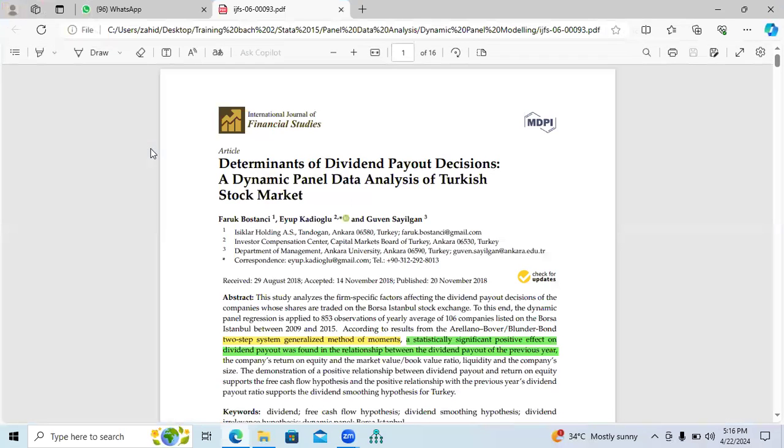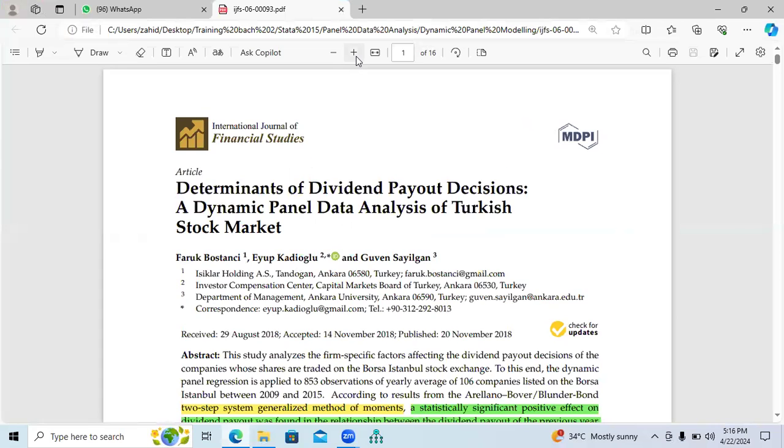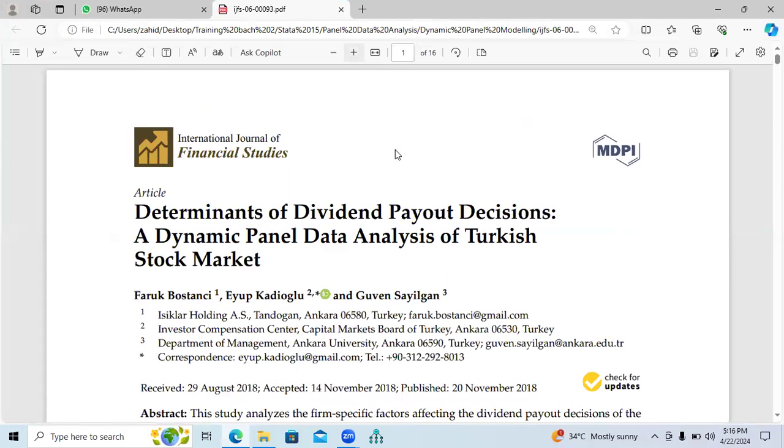This is a very good, easily written paper on dynamic panel data analysis: Determinants of dividend payout decisions, a dynamic panel data analysis of Turkish Stock Exchange. So we are moving towards the dynamic panel data analysis. Previously, we were discussing the static panel data analysis, where we discussed the fixed effect, random effect, pooled OLS, panel ARDL, and some other models.